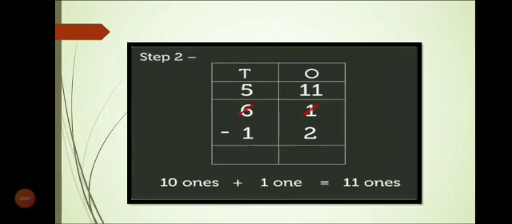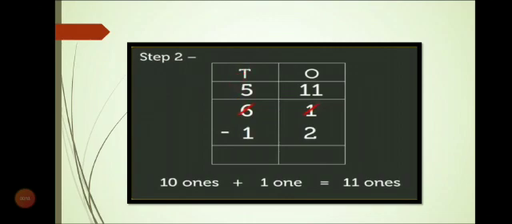Now, step 2. Subtract the ones. Children, as you can see, as 1 is less than 2, we cannot subtract 2 from 1. So, we regroup the 6 tens.